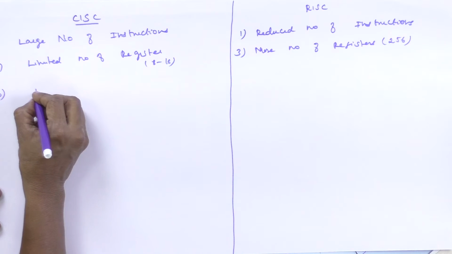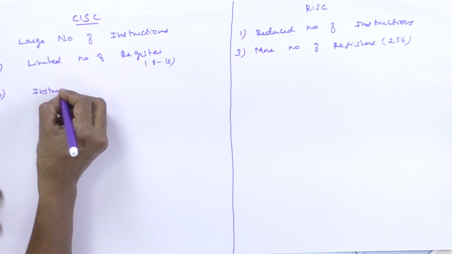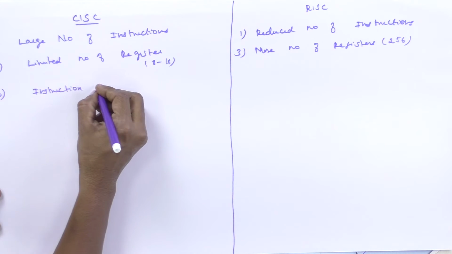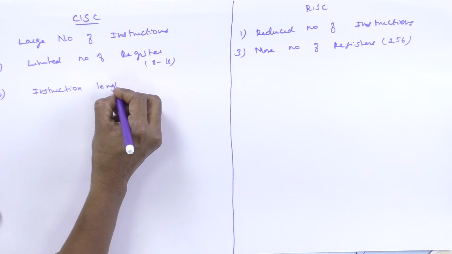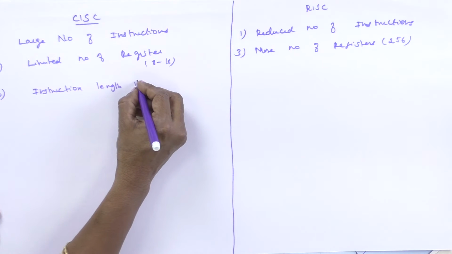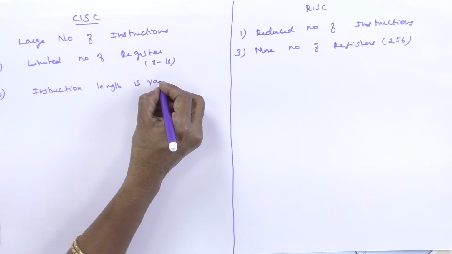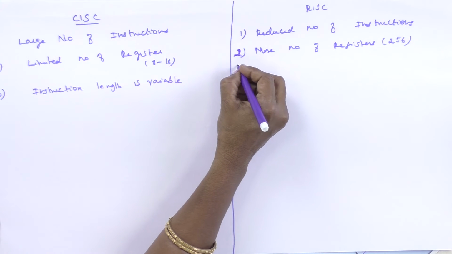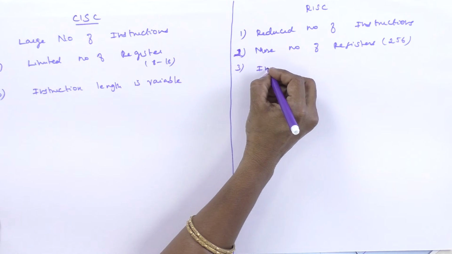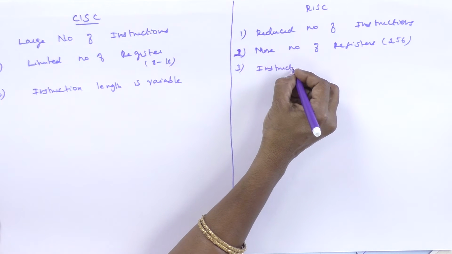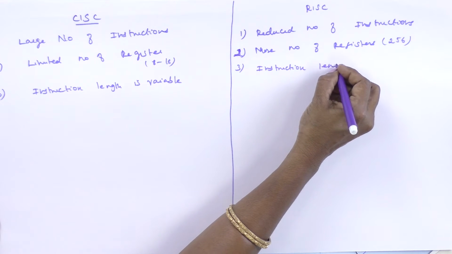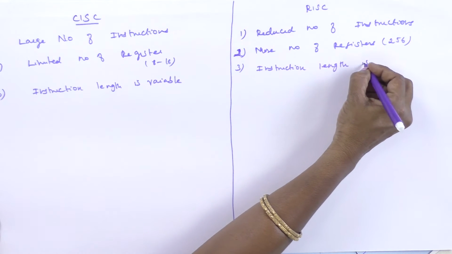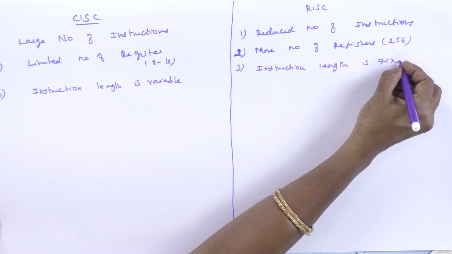In CISC, the instruction length is variable. In RISC, the instruction length is fixed.